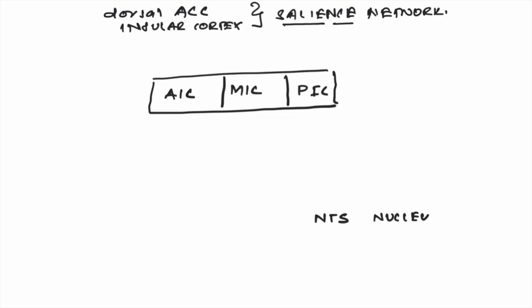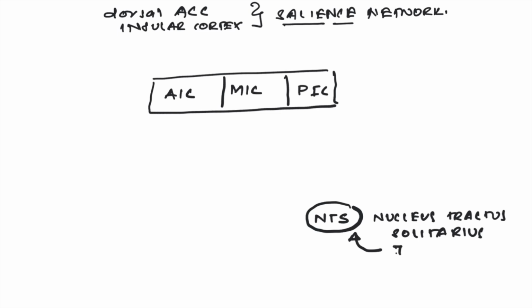It's nucleus tractus solitarius. This is an area that is present in the medulla, in the brainstem, and this is usually responsible for receiving information through cranial nerves 7, 9, and 10. 7 is the facial nerve, 9 is the glossopharyngeal nerve, 10 is the vagus nerve.